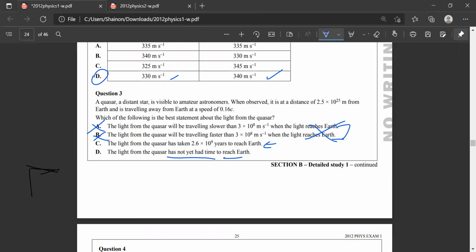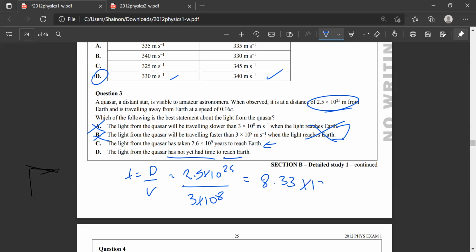So when you find the time, it's distance over velocity, which is equal to distance here, 10 to the power 25 over the speed of light, which is equal to 8.33 times 10 to the power 16 seconds. And if you divide it by 60 all the way till you get years, you should get 2.6 times 10 to the power 9.